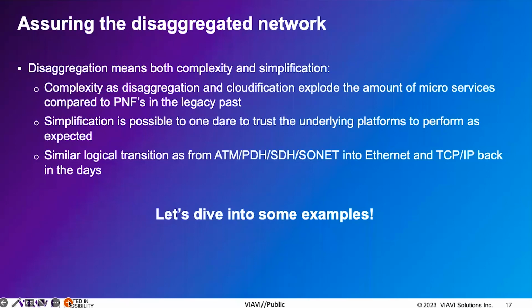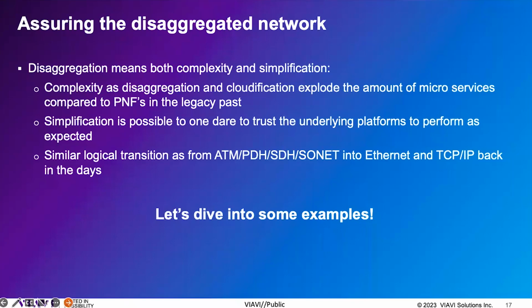Similarly, in the cloudified and disaggregated world, we have to start trusting some of these underlying principles to work. If we do that and we can drive assurance around it, it's really fascinating what efficiency gains it can give us. But let's look at a practical example.